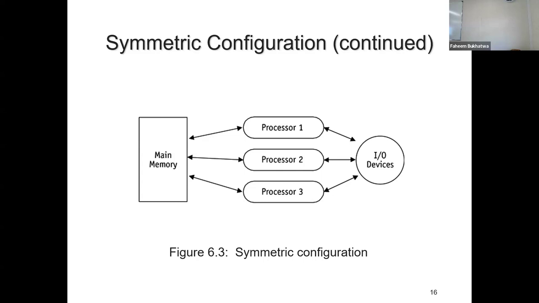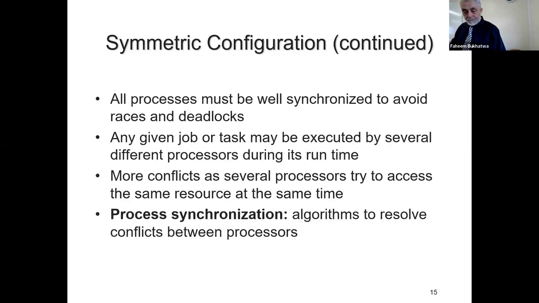So the same program or process may be split. Sometimes even one single line, like a mathematical operation, you can split into a few parts and give each processor one part of it, so you get much faster, much better execution. All processes must be well synchronized to avoid races and deadlocks.